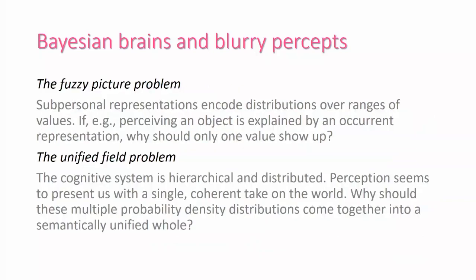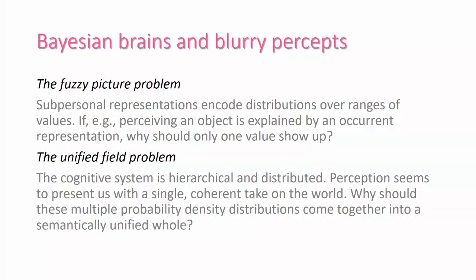And so this brings us on to Clark's problem, which I'm going to say is really two problems. A couple of slides back, we saw these two features of the Bayesian predictive coding mechanism: it has representations that are on one hand probabilistic and on the other hand distributed.